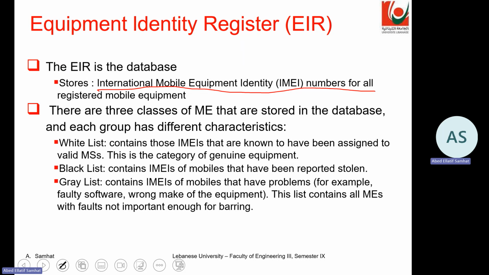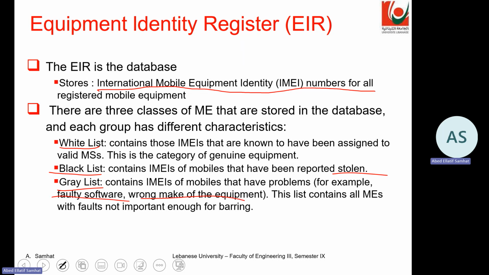You have the white list, for example, that contains the different IMEIs that are known to have been assigned to valid mobile stations. This is the category of the valid or genuine equipment. And you have what we call a blacklist. In this case, the blacklist could be, for example, equipment reported as stolen. And you have the gray list that contains mobiles that have a problem, for example, faulty software, wrong make of equipment, and so on.